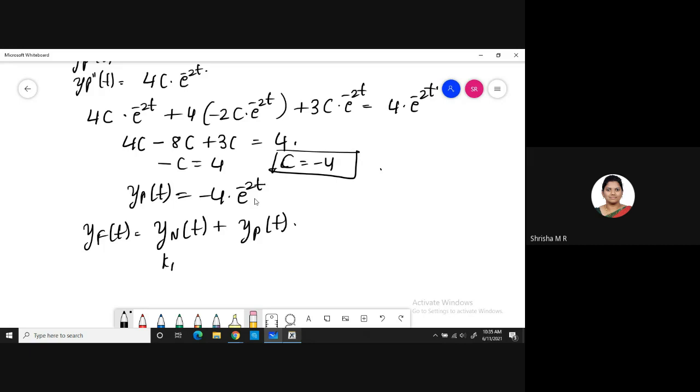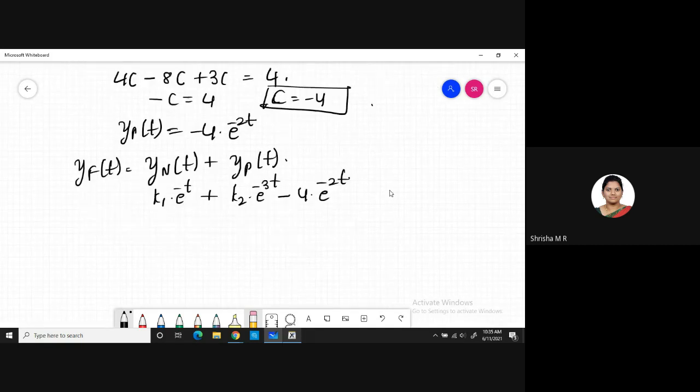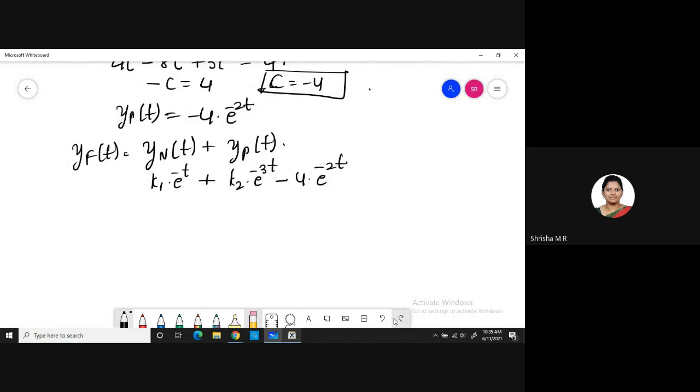So you have k1 into e power minus t plus k2 into e power minus 3t minus 4 into e power minus 2t. Now you find k1 and k2 assuming zero initial conditions. How will you find k1 and k2? This yf of 0 is equal to 0. So if you substitute t is equal to 0, you get k1 plus k2 minus 4 is equal to 0.